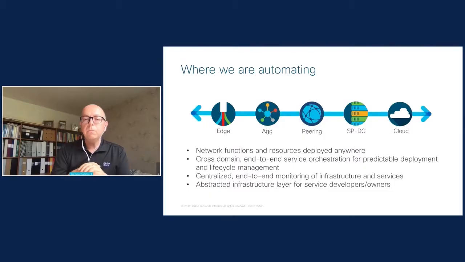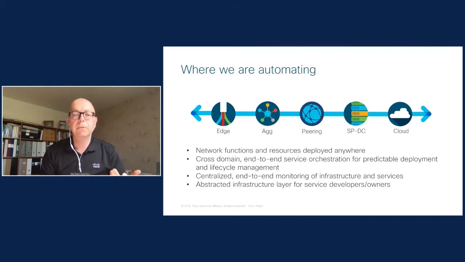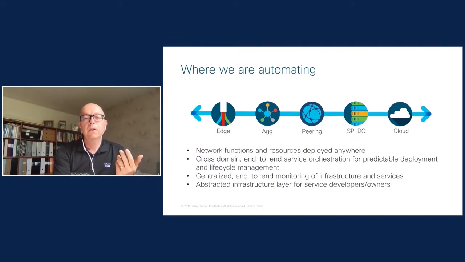Okay, so where are we then automating? Because I talked about different technologies in different time areas, but bear in mind, automation takes place everywhere. Wherever you have a network function and resources are deployed, automation is done. It is important that cross-domain orchestration is key to reap the full benefits of network automation.